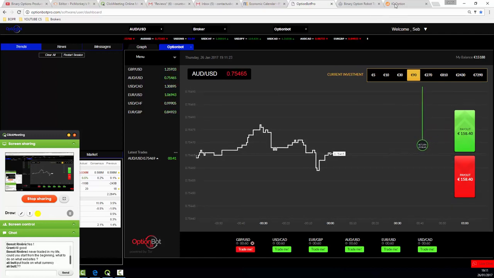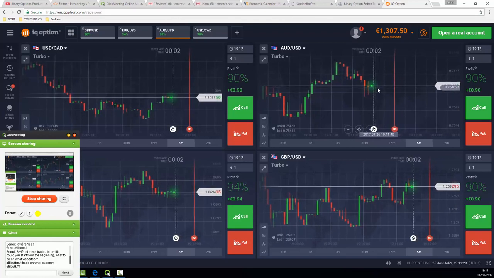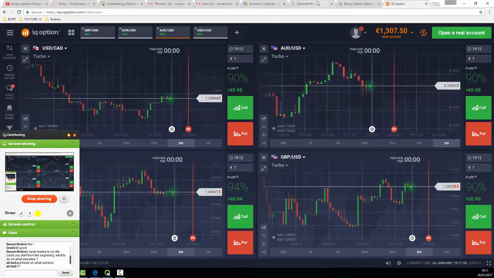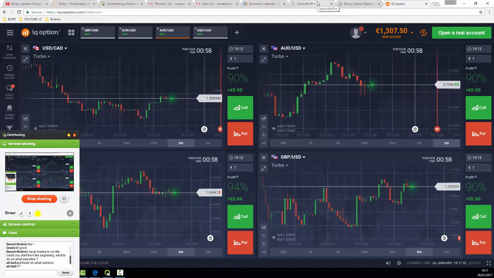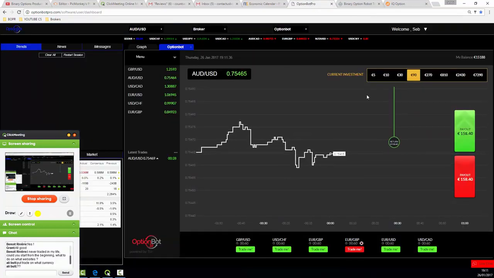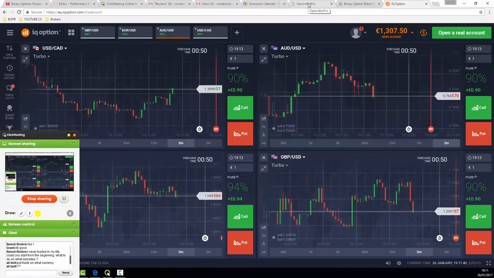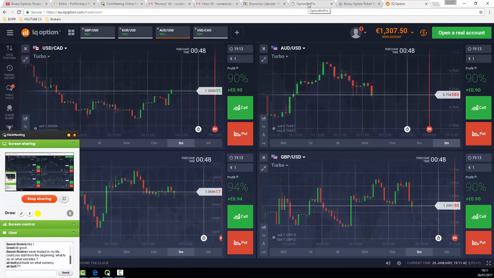It is starting to rise, but we've still got a bit of time left anyway. We just don't want to see any more hammers or red candles. We want to keep seeing those greens. There we go. Oh, now they're all dipping.